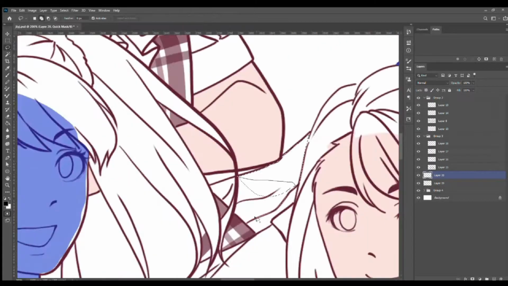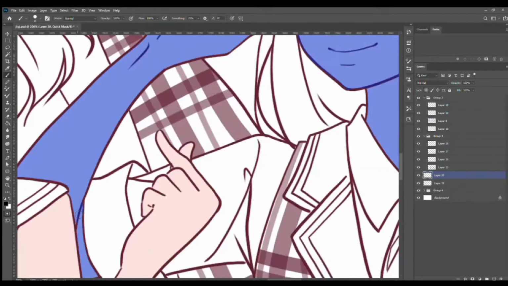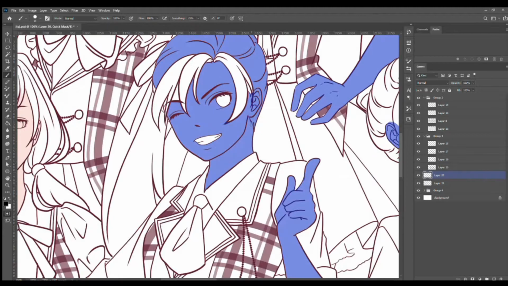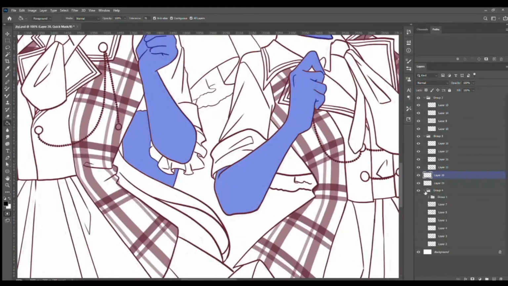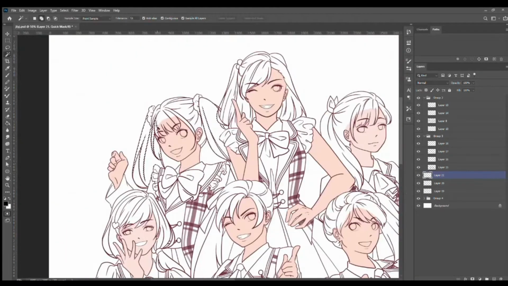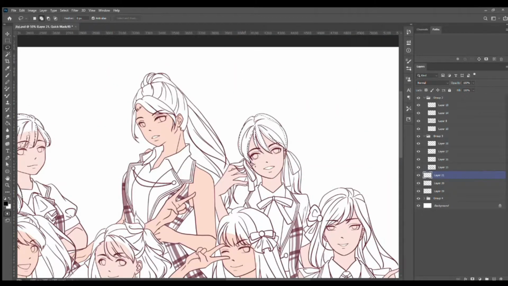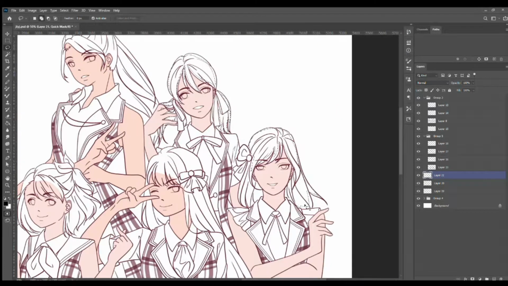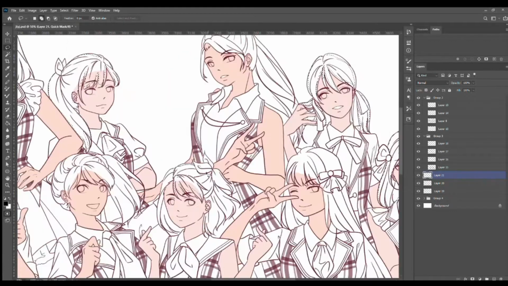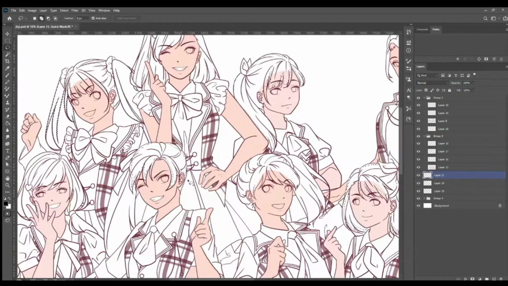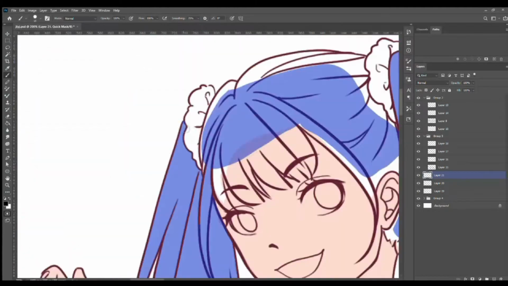I consider their other characteristics. For example, Misaki is energetic, cool, and playful, but she also has this girly side of her. So she's like 50-50. She's 50% cool and 50% girly.